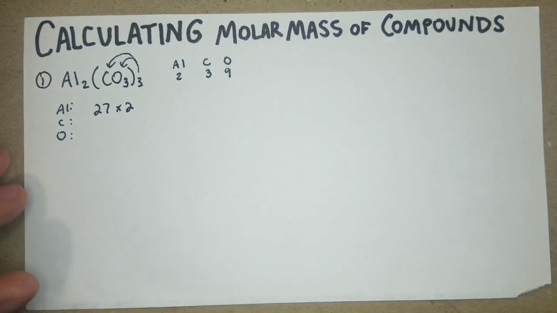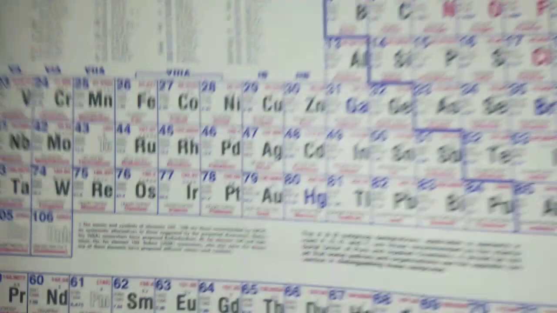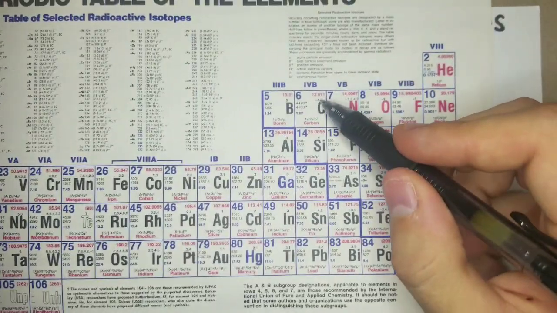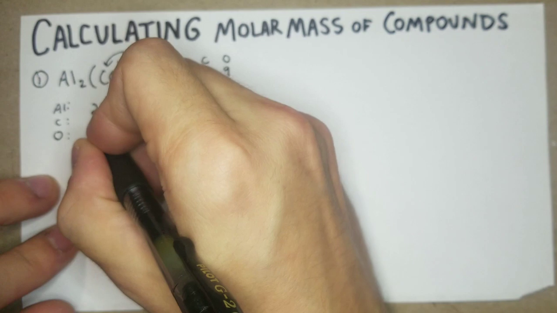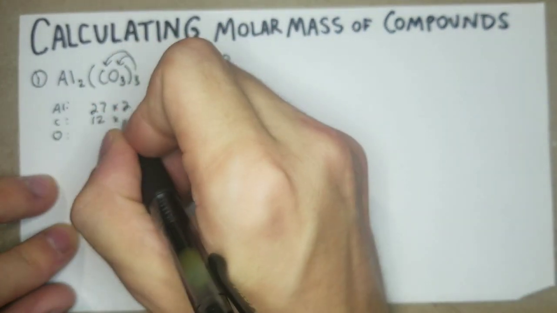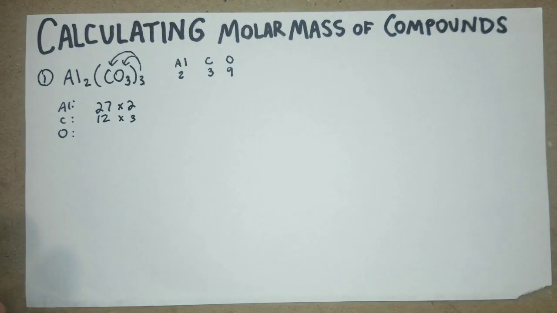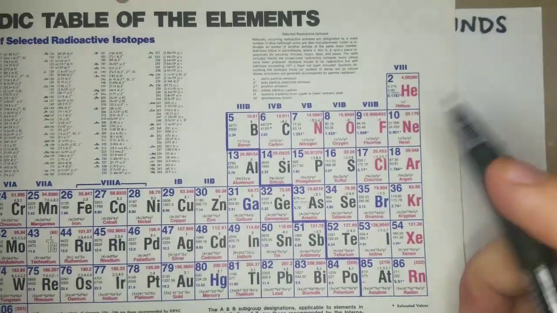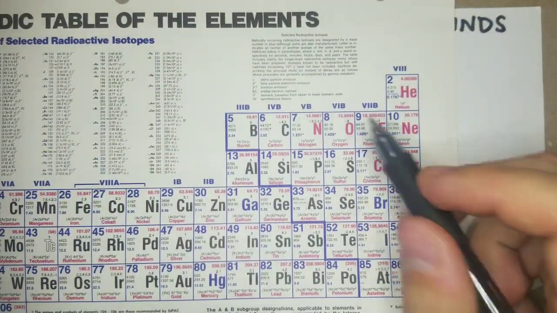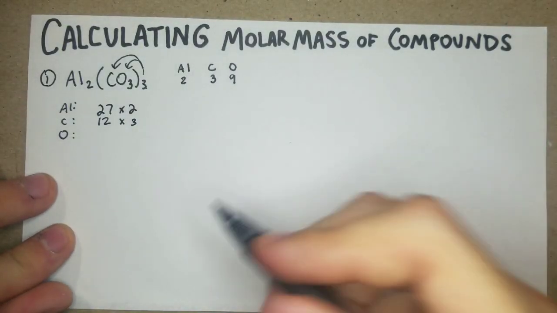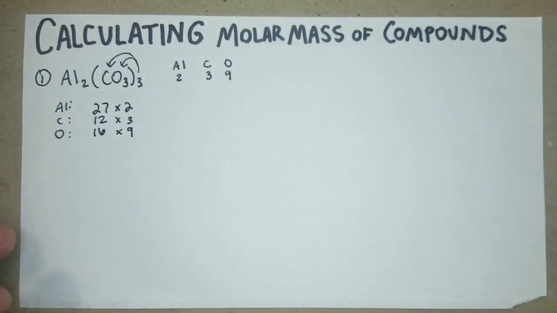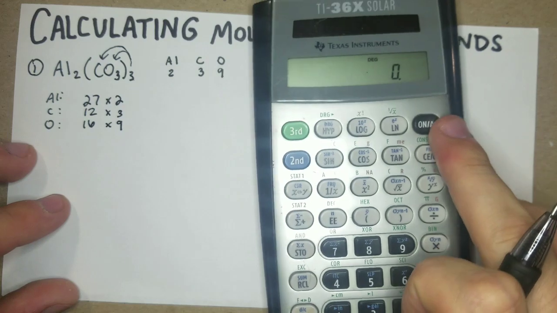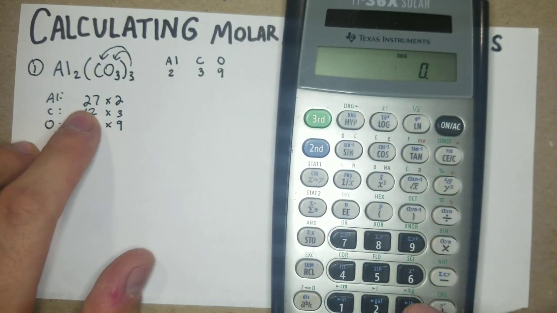For carbon, we have 12.01. We'll just do 12 for the sake of this problem, 12 times 3. And then oxygen, we have 15.9994. We'll round that up to 16, 16 times 9. Now we'll just get out the calculator and do some old-fashioned arithmetic.